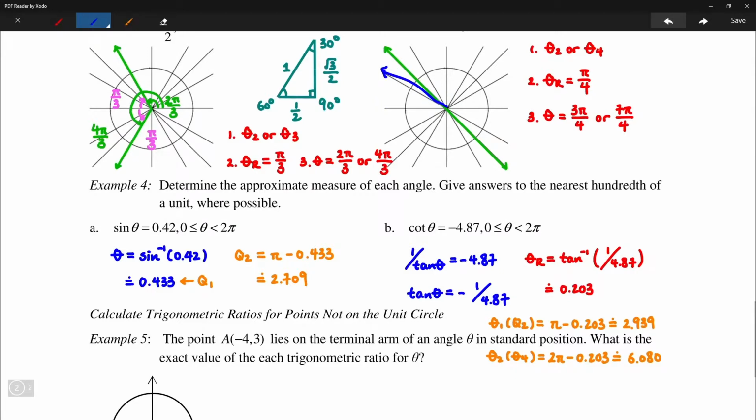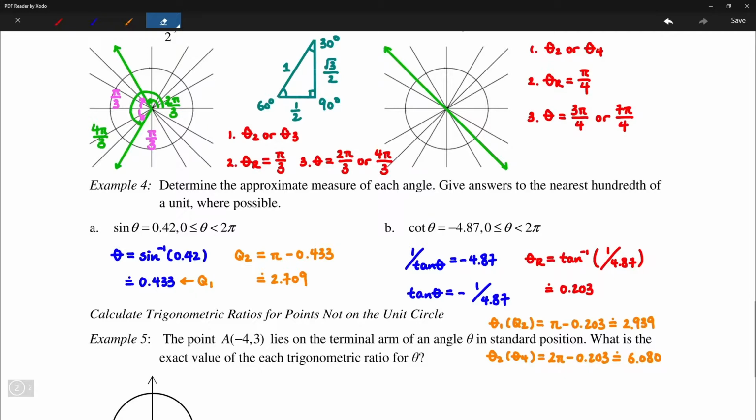And then the same thing in quadrant 4, we know that the angle is somewhere in quadrant 4, and this is the reference angle here, so we're going to go 2 pi minus the reference angle to get the angle that we need. So in case it wasn't clear why we're subtracting the reference angle from pi and 2 pi.